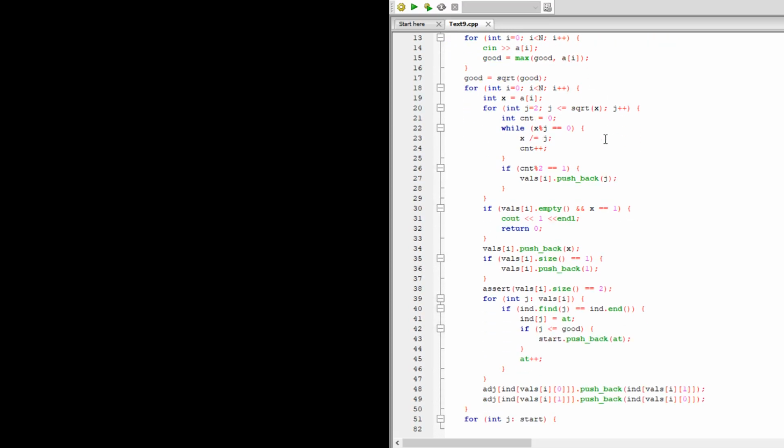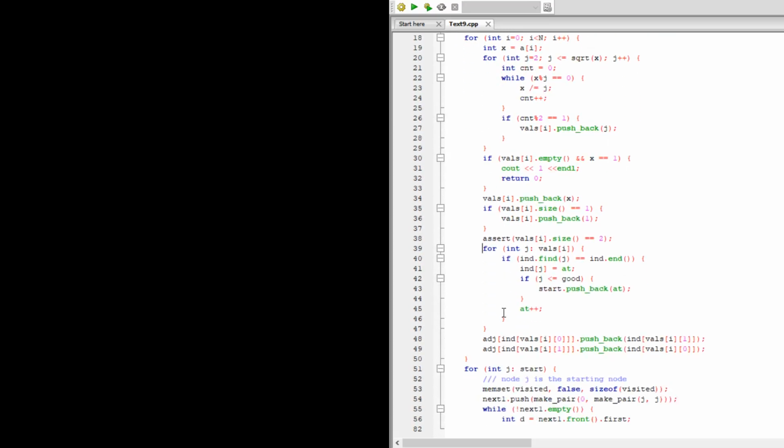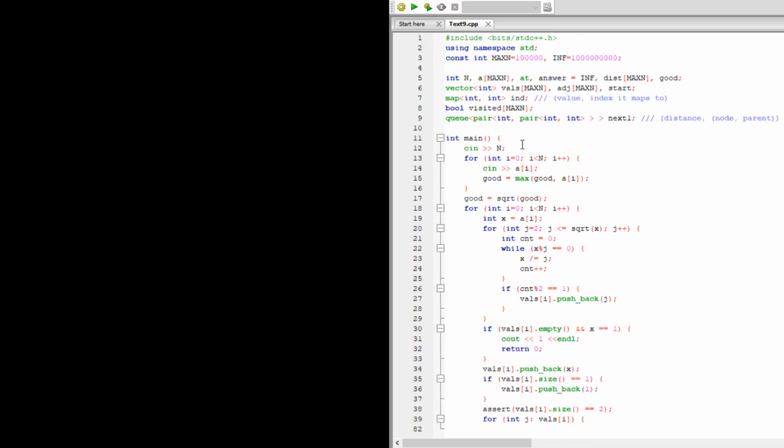So add starts at 0. For every element in vals, if we have not yet assigned it an index, then we assign it an index on the map. So the index of whatever the value is equals whatever is next. So if the first one's 3, it'll be 0. Next one's 2, it's 1. And then we increment add. Now this thing in the middle, start, is simply a vector.